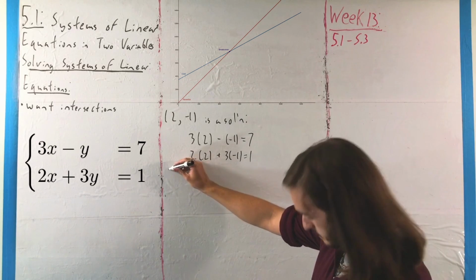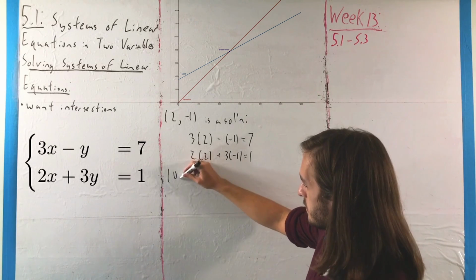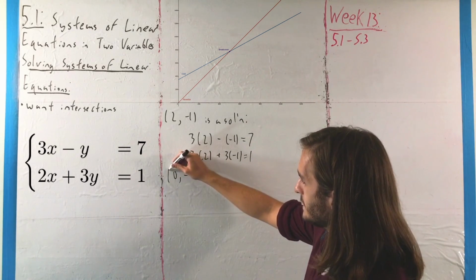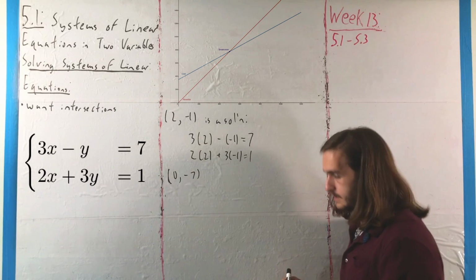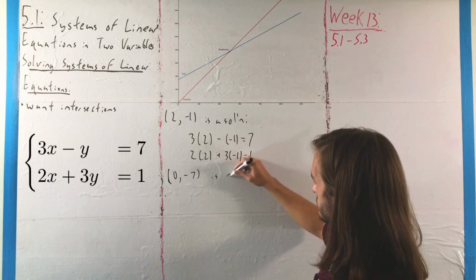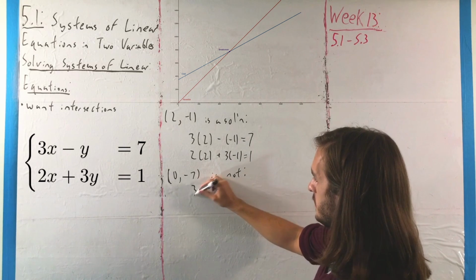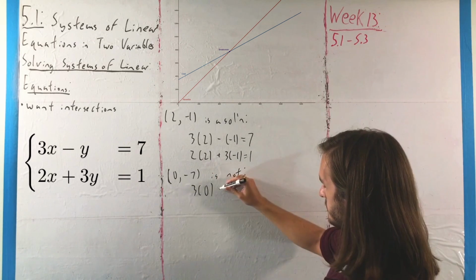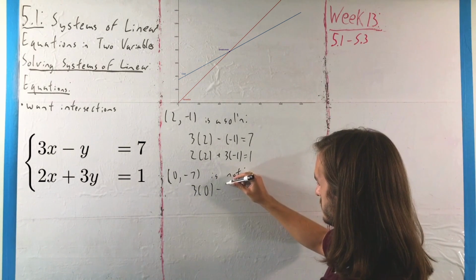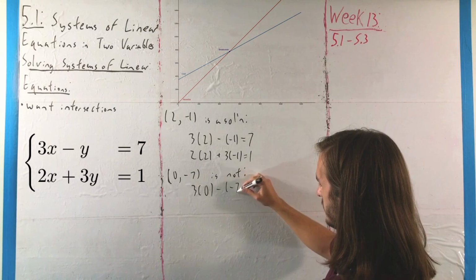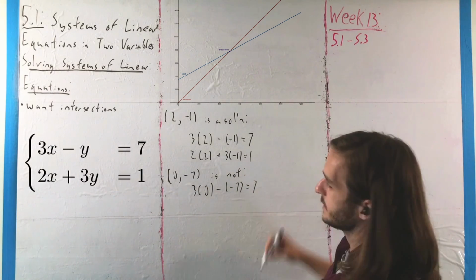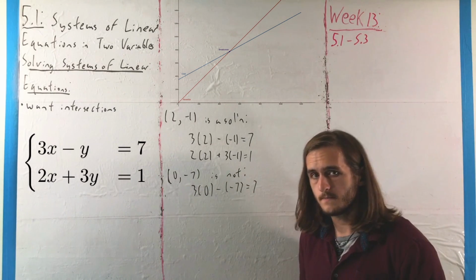On the other hand, something like (0, -7) would not be a solution for this linear system, because if we were to plug this in here, we would have 3 times 0 minus a -7, which would end up being +7, so that's good for our first one.